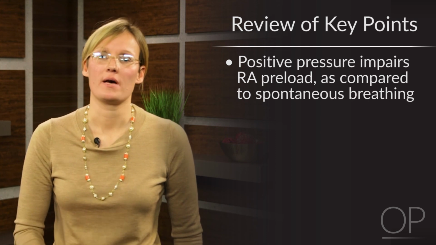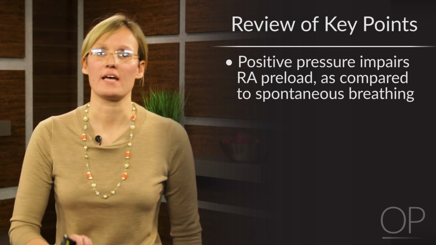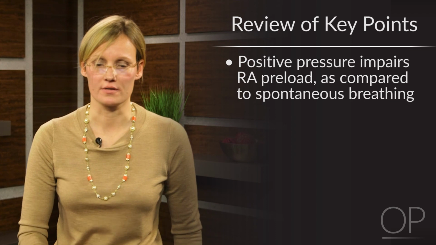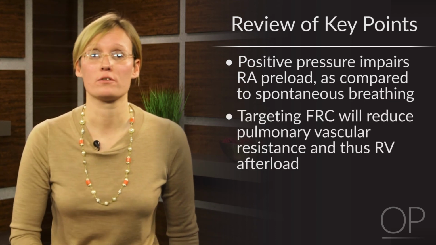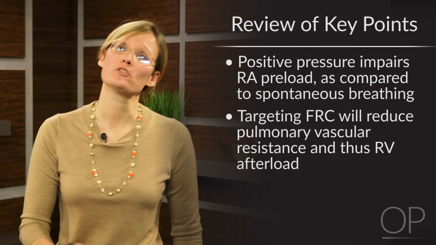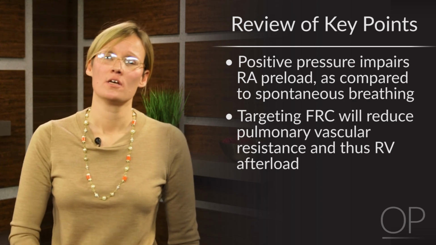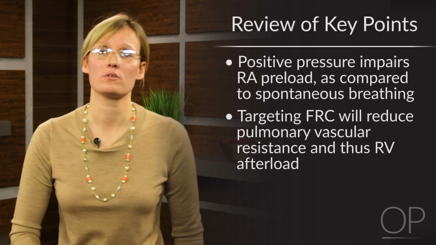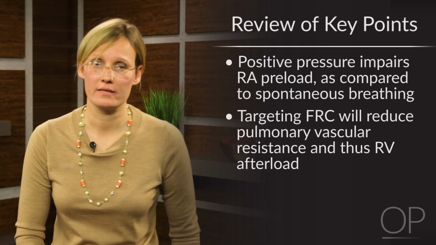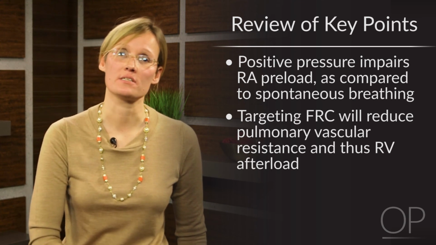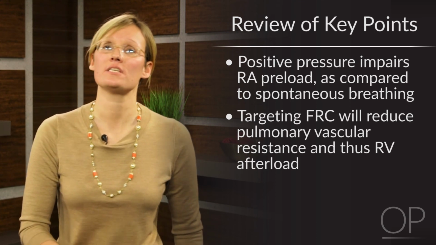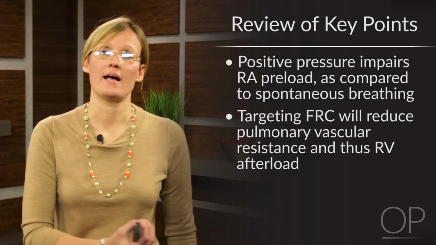That's why we talk about positive pressure ventilation potentially adversely affecting the right side of the heart. However, if we are able to target functional residual capacity, if we use positive pressure ventilation to do lung recruitment in a patient who's otherwise atelectatic, we may be able to mitigate pulmonary vascular resistance, and therefore we might decrease right ventricle afterload.